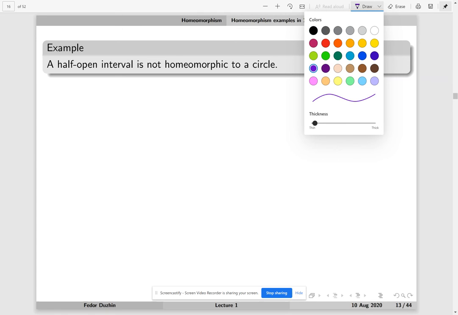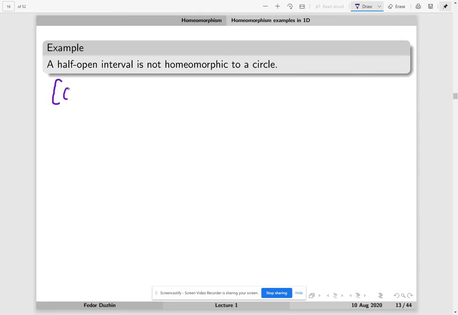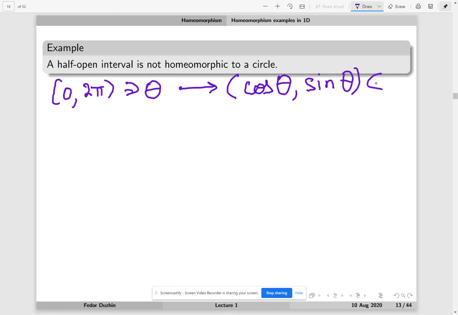The idea is that we can think of our half open interval as the interval from 0 to 2 pi, and consider a point theta in this half open interval, and consider the function that sends theta to cosine theta, sine theta on the plane.